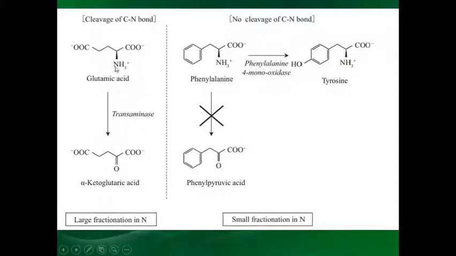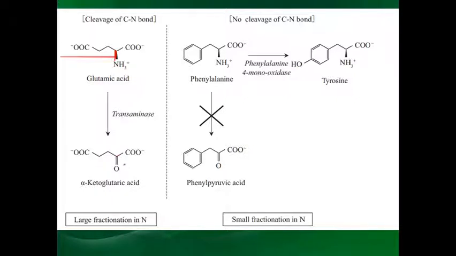When you take glutamic acid and eat it, we change it to this thing called alpha-ketoglutaric acid, where we take off this nitrogen and put an oxygen on it. Any time that our metabolism and our cells are fooling around with this bond in here, we see the ability for that nitrogen signature to change.